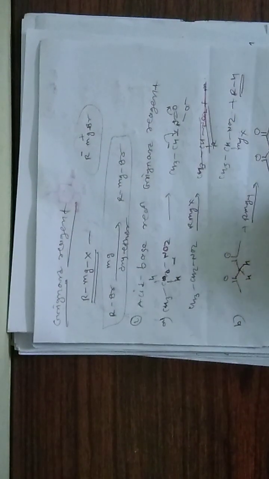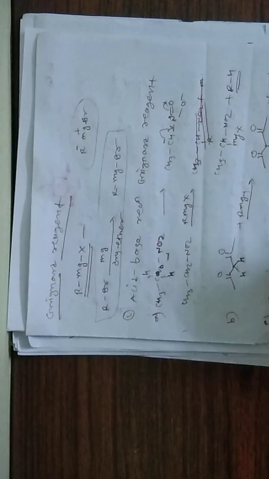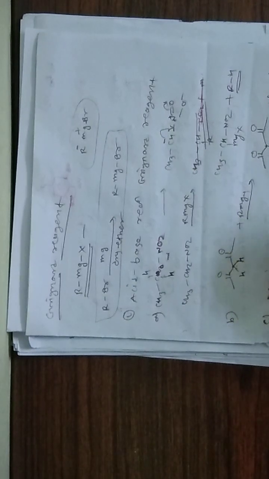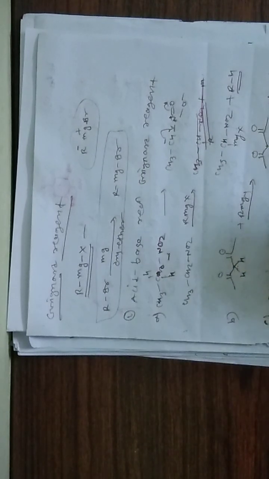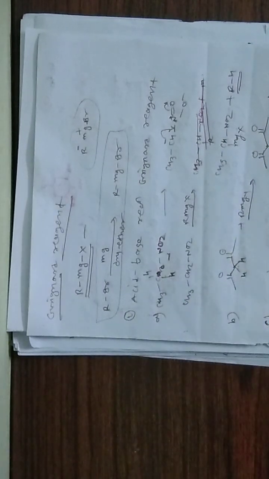Again, with which type of compound will Grignard reagent act as a base? Terminal alkynes. Terminal alkyne, not alkene, alkyne. Let's suppose I am taking the example C triple bond CH. If we react it with RMgX, which is the acidic proton? This one. Why is this an acidic proton?